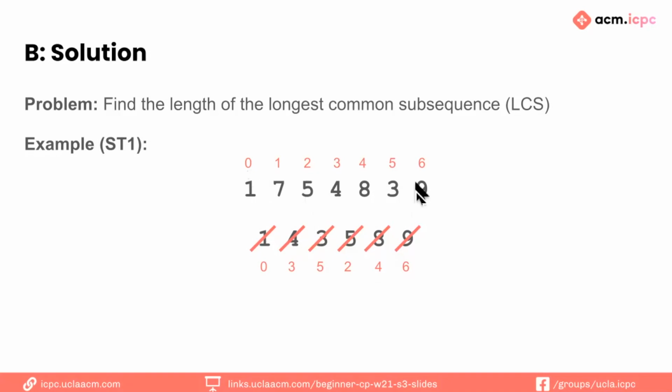And that ends up being the longest common subsequence, because 1, 5, 8, 9 is increasing here, it means that it's a valid subsequence of the second one. And because the indexes are also increasing, it means that it's a valid subsequence of the first one as well. Does that make sense?